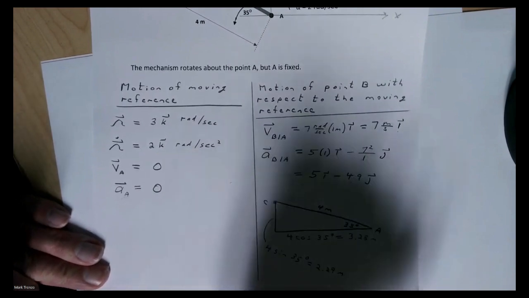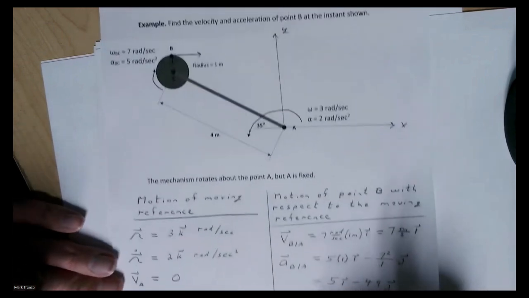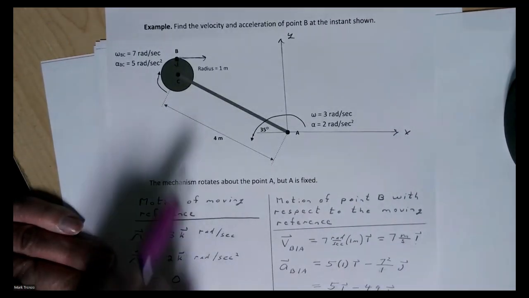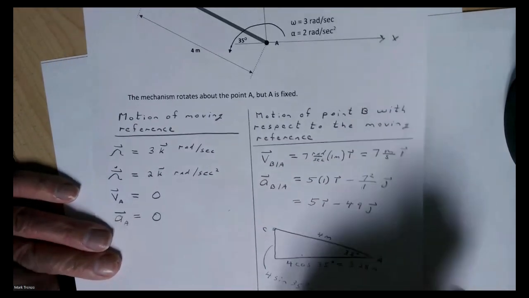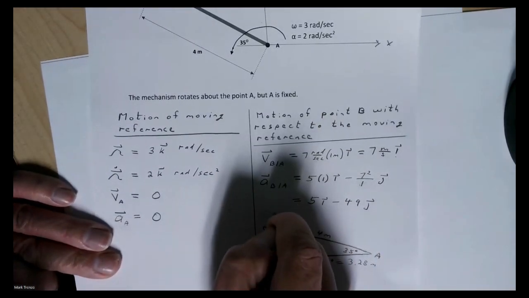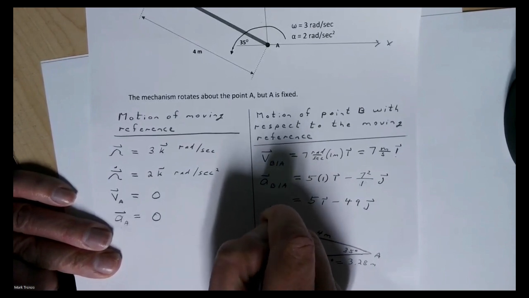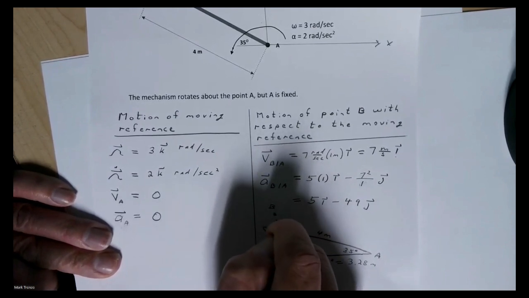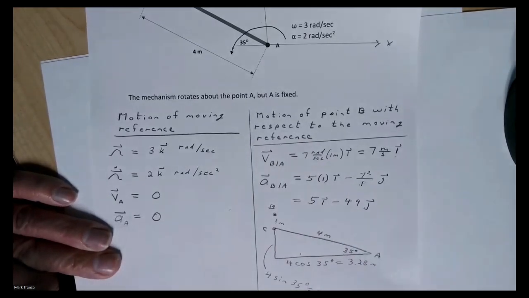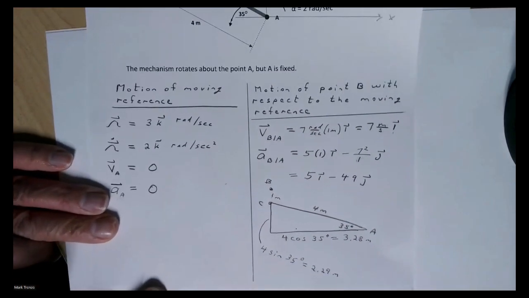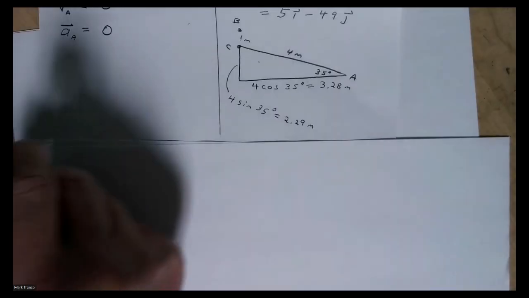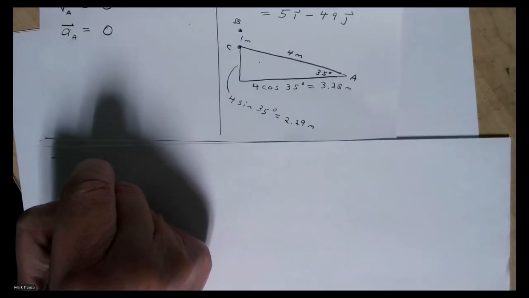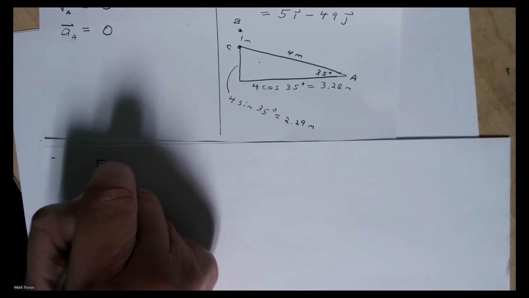And of course, if you look at the picture, B is 1 meter above C. So it's going to be up here, 1 meter. So now we can write our RBA.